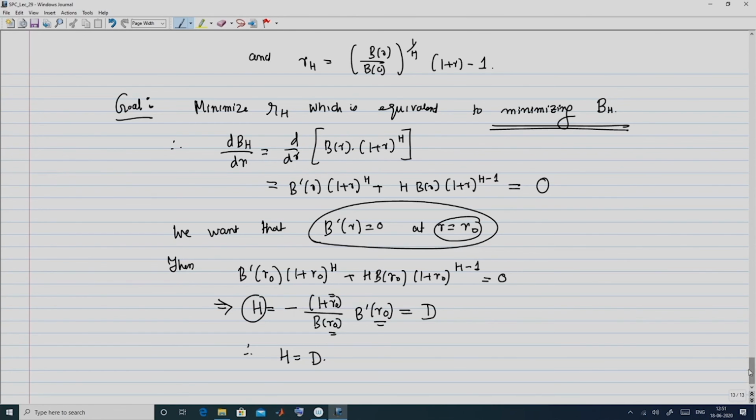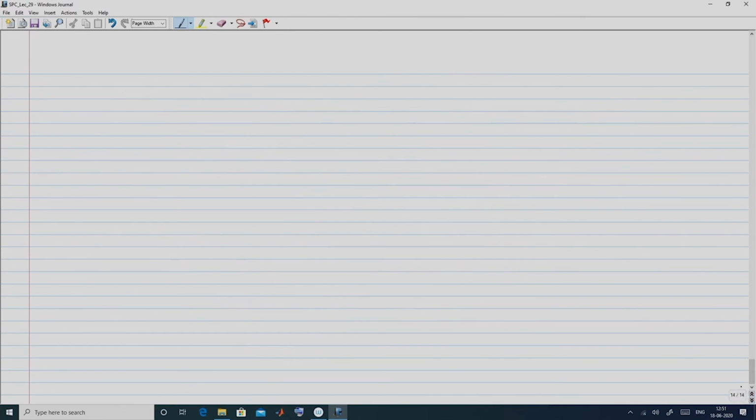Okay. So, now we have to prove another theorem, and this theorem is that the second derivative is positive. Remember that we are trying to minimize BH. So, we have got dBH/dh equal to 0, and for minimization we have to show that the second derivative is positive.